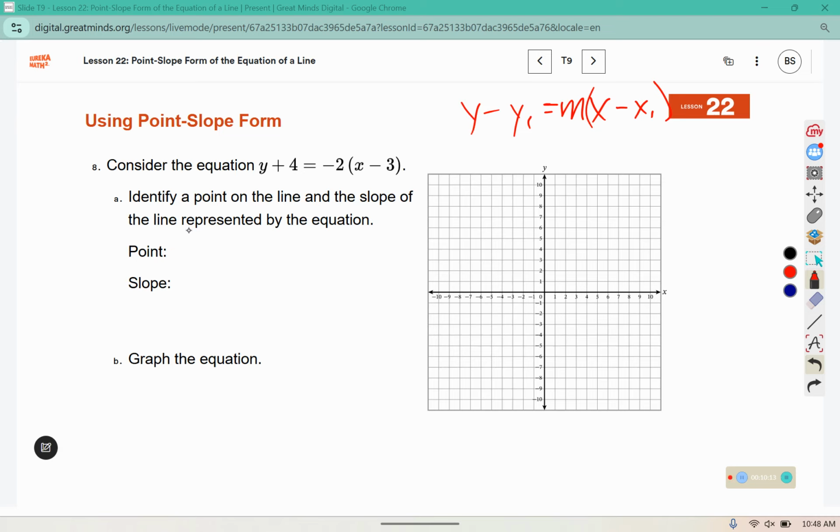So here I have the slope and the m position is -2. Here it's not minus a 4. So if we're subtracting, in order to get a positive, you would be subtracting -4. And then this one is subtracting 3. So our x value is 3, and our y value is actually a -4.